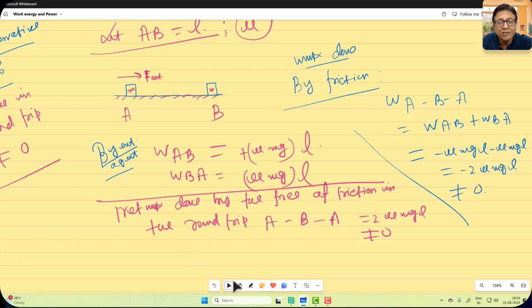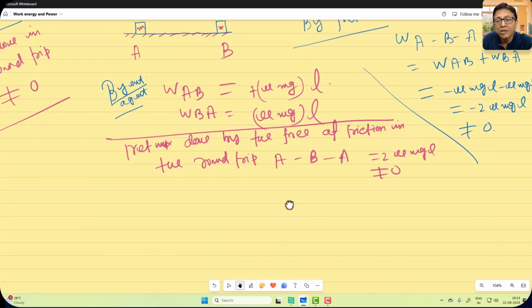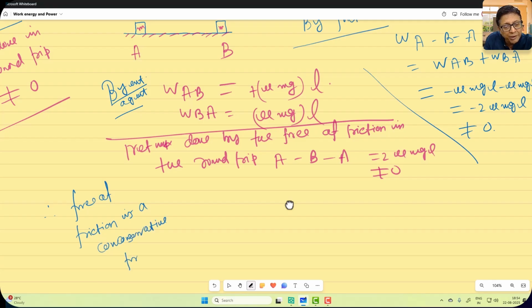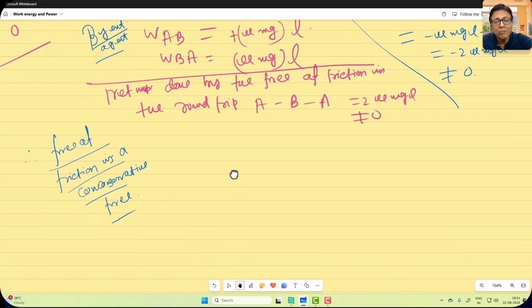So force of friction will be referred to as a non-conservative force. Any kind of friction, that is, when you are taking the body vertically upward, air friction acts, that air friction is also non-conservative. Okay?